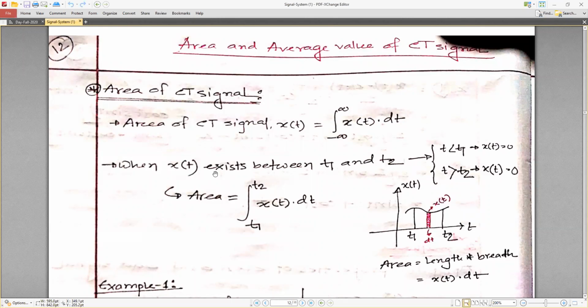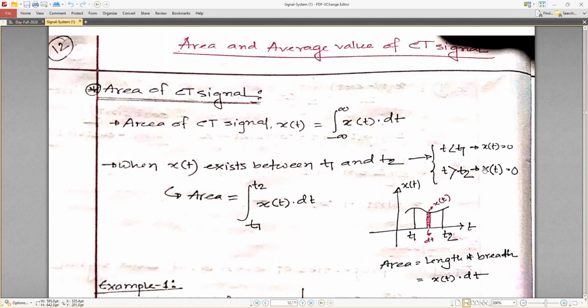When x(t) exists between T1 and T2, then if t is less than T1, x(t) is equal to 0, and if t is greater than T2, then x(t) would be 0.